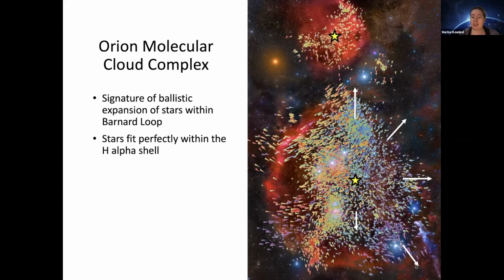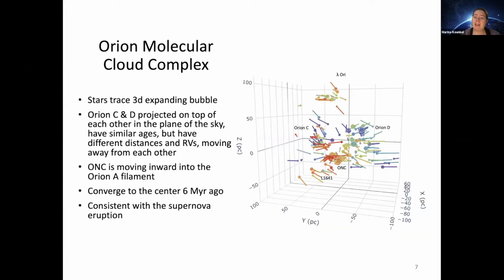And it's not just expansion in the plane of the sky. As it has been mentioned, there are multiple populations that are projected along the same line of sight. And Orion D, which is a population that is located closer towards us, is moving towards us. And Orion C, which is located slightly further away from us, is moving away from us in radial velocity space.